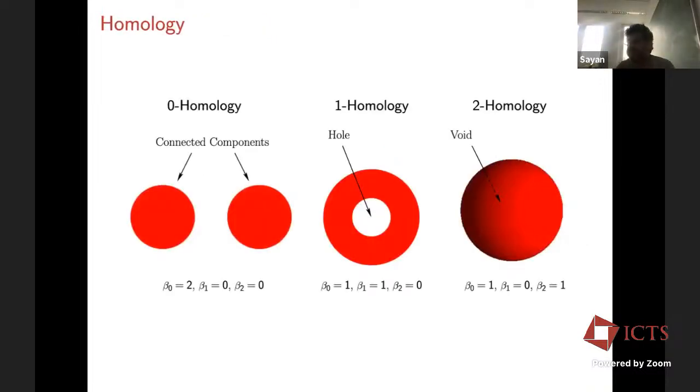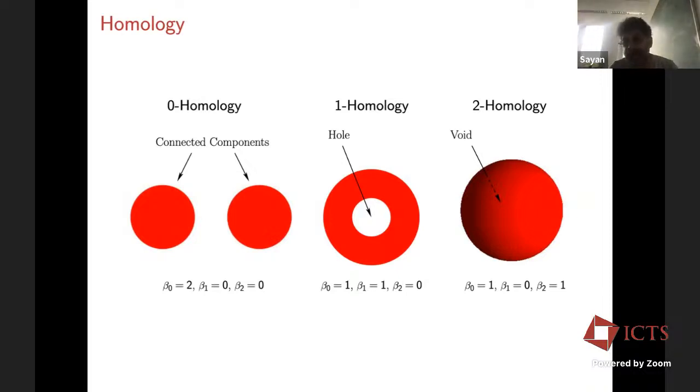Okay, there's another summary that is sometimes used, and that has to do with homology. So what is homology? Zeroth degree homology is the number of connected components. If you have two balls, Betti 0 is 2, so there are two connected components. There's no one-cycle and there's no void.